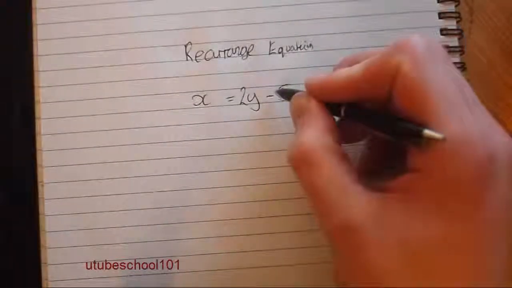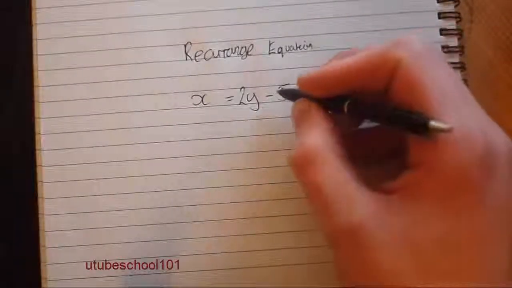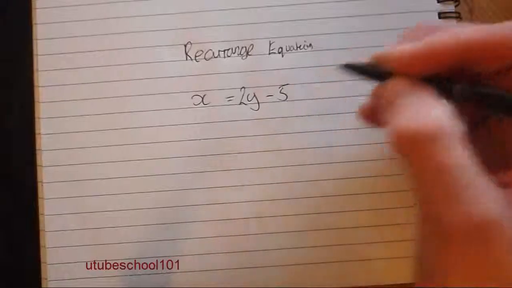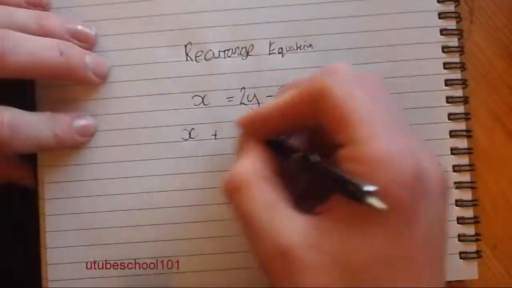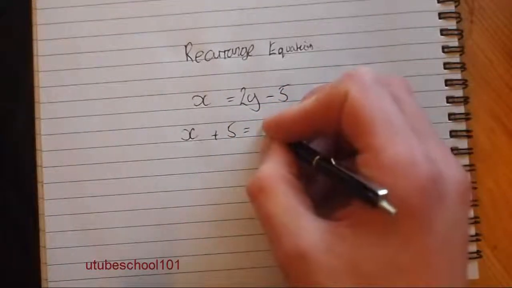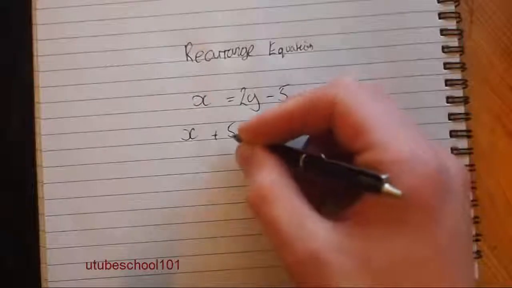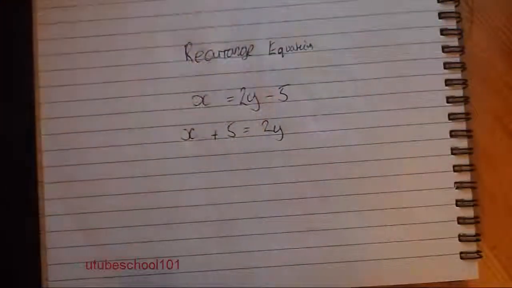So first of all we want to get rid of the adding and subtracting. And how can we get rid of minus 5? Well, we plus 5. Minus 5 plus 5 is 0. So we have x plus 5 equals 2y. So now we have 2y.